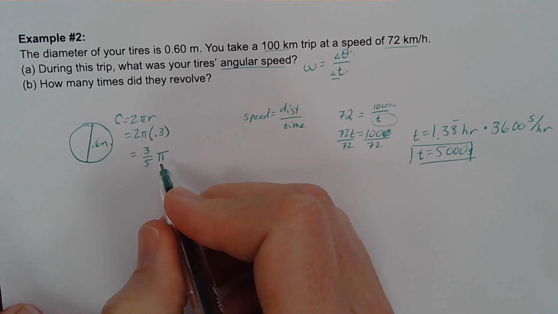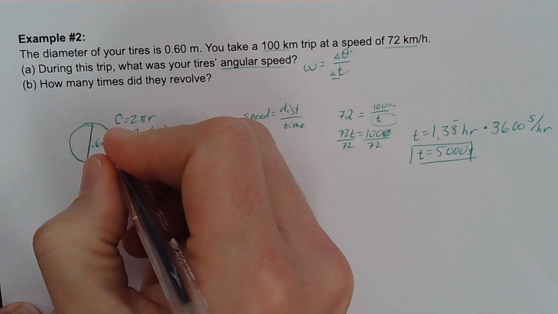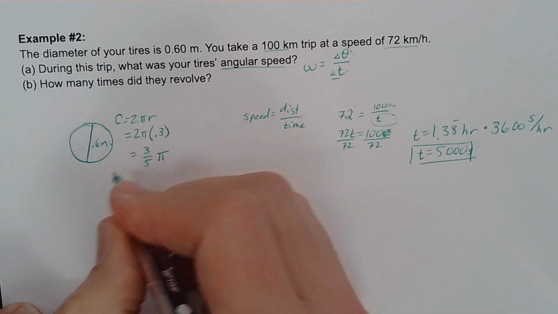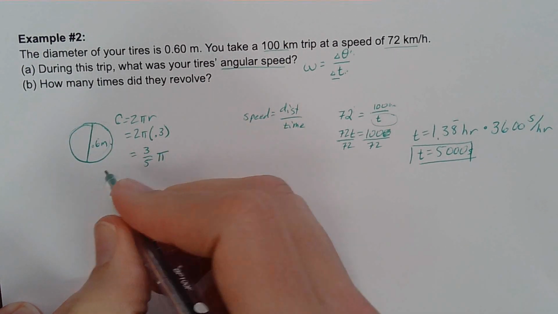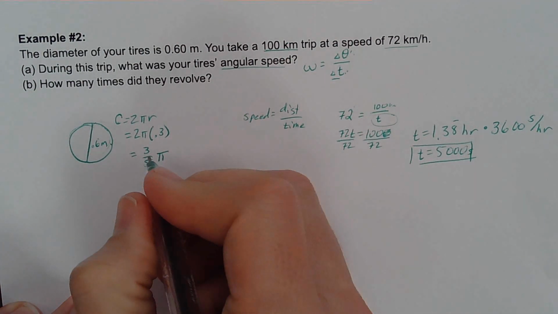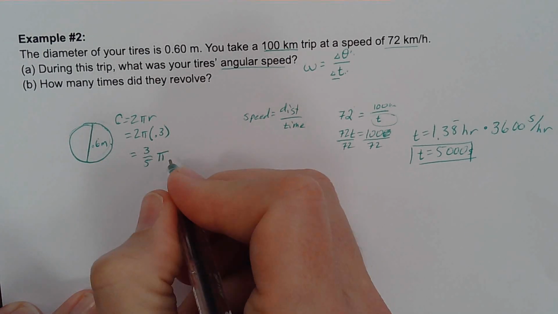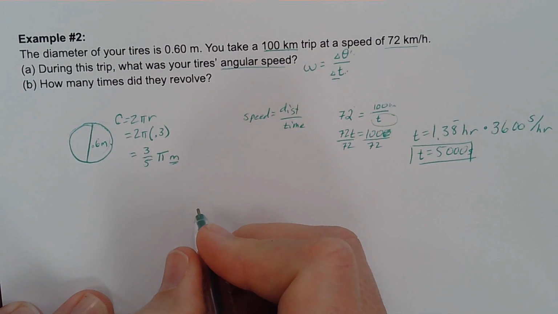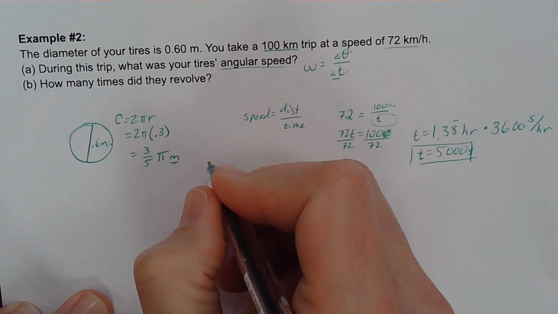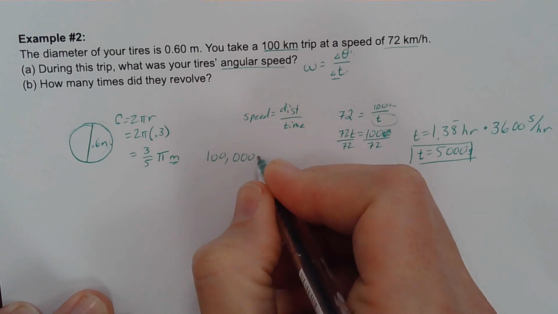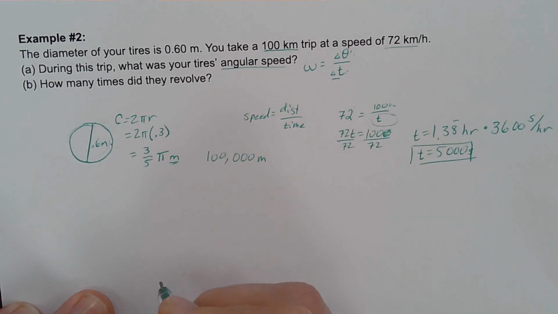That is the distance around my wheel one time. So the question is, how many times does the wheel need to go around in order to accomplish 100 kilometers? Now this 3 over 5 pi is in meters. So I'm going to turn that 100 kilometers into meters. So my total distance is 100 times 1,000, so that's 100,000 meters.